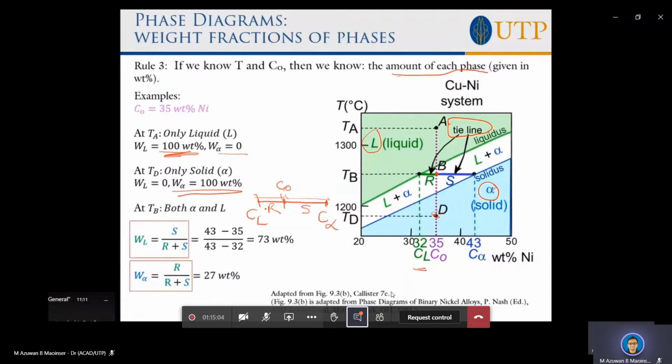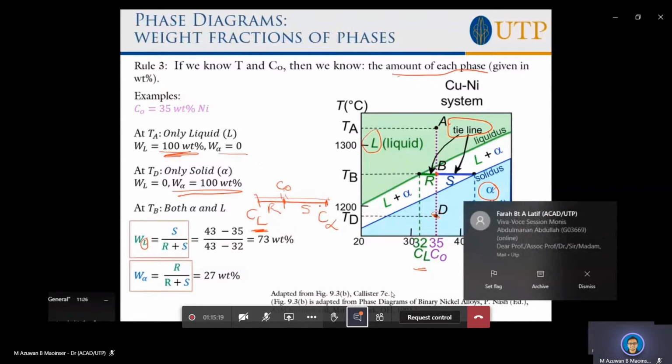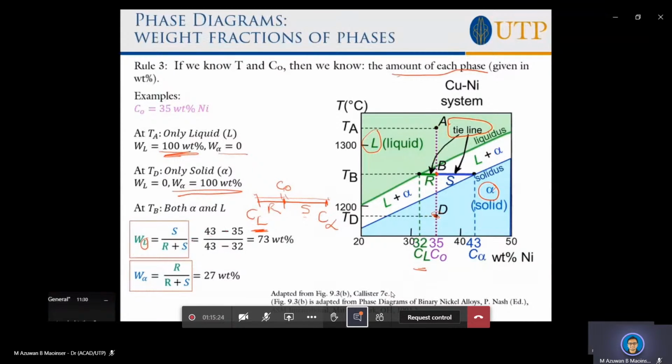Now, listen, if you want to find how much liquid you have, liquid is on this side. If you want to know how much, you take the distance on the opposite side. That is the length S. So S over the total length of your tie line, R plus S. So that's what I have here, S over the total tie length.